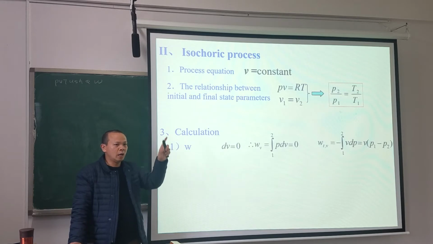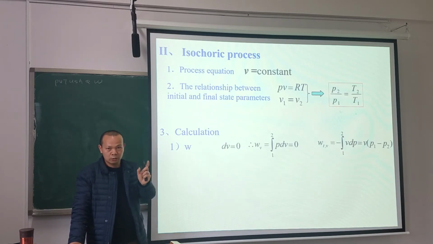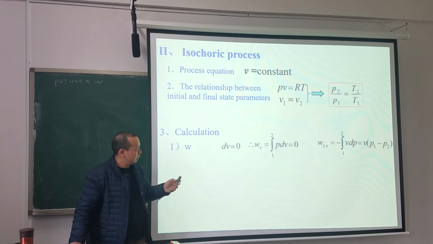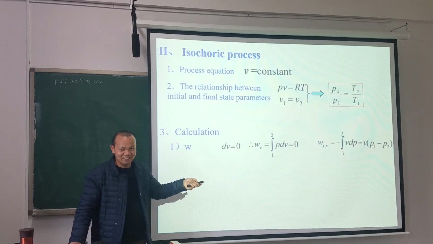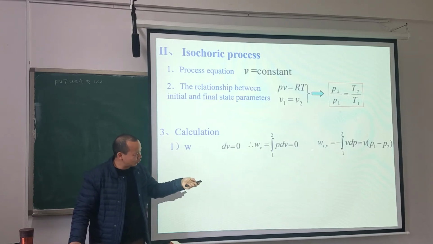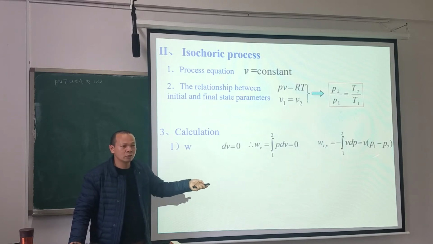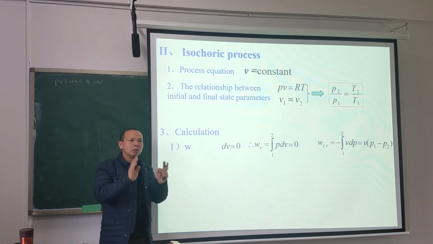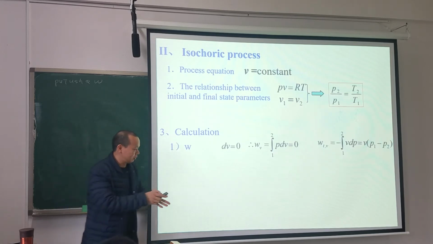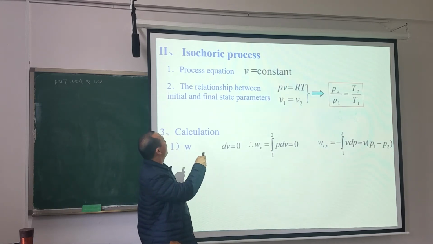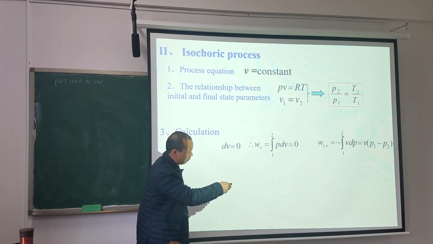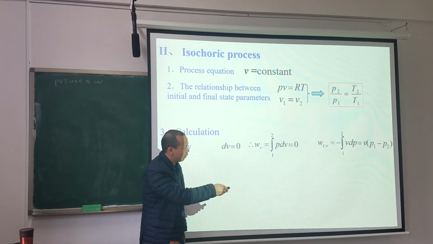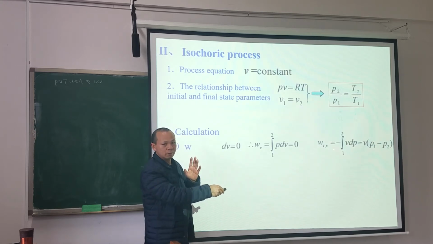The system cannot do expansion work to the surrounding, but it can do what work? Technical work, shaft work. It can do technical work to the surrounding. So we should remember this: for a constant volume process, the expansion work is equal to 0, but the technical work is not equal to 0.